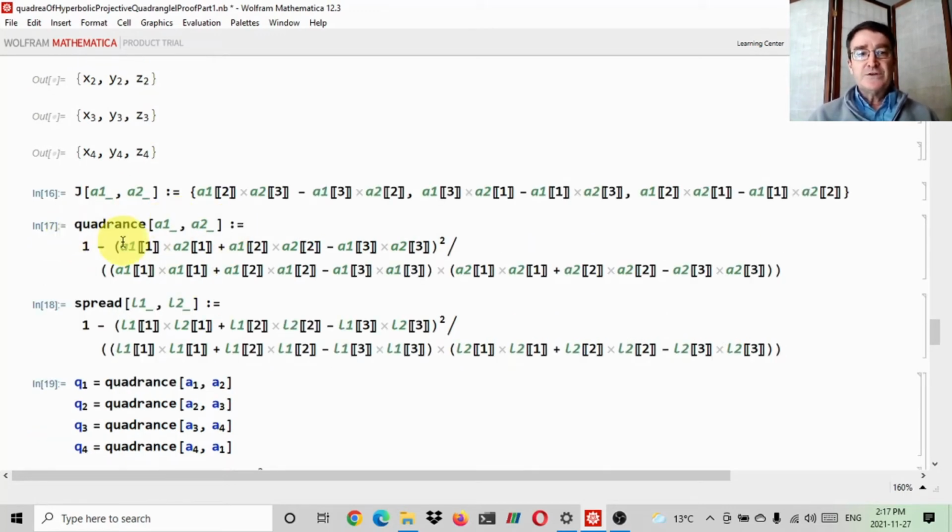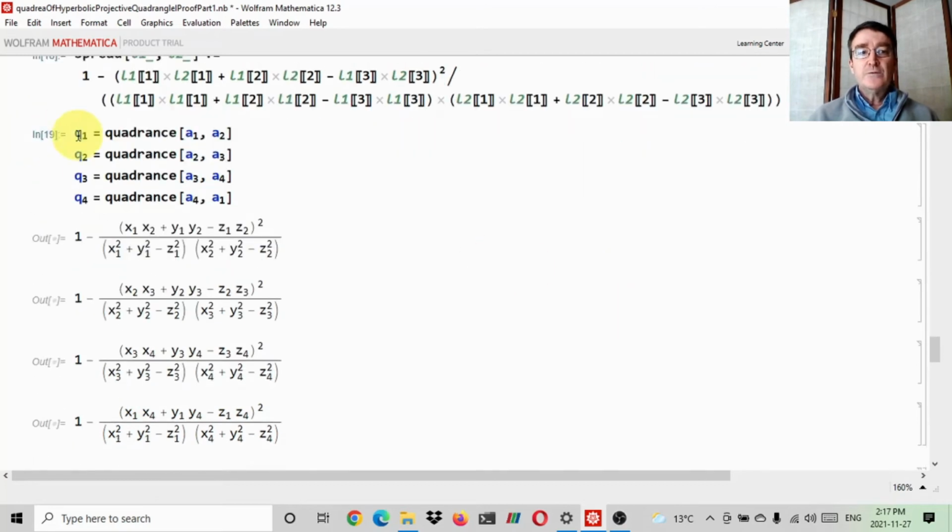Similarly, we have this expression for the quadrances between 2 projective points, A1 and A2. It's given by this expression. And the spread between 2 lines is pretty much the same expression.